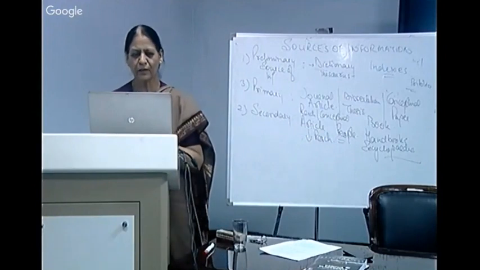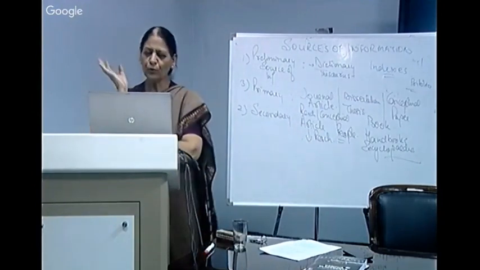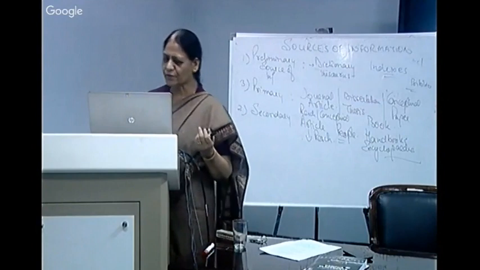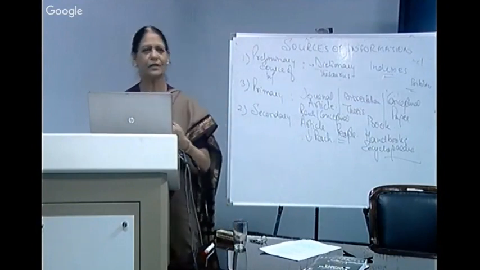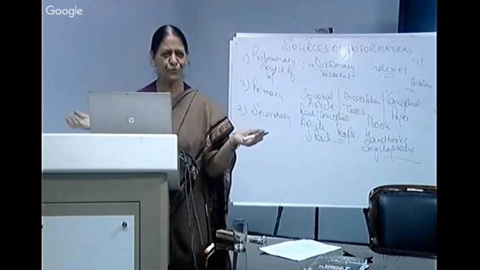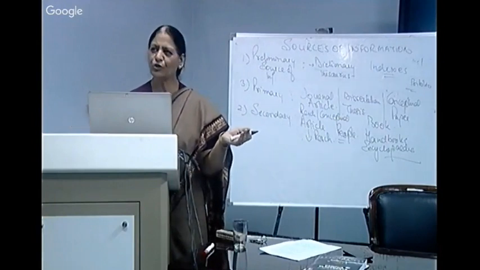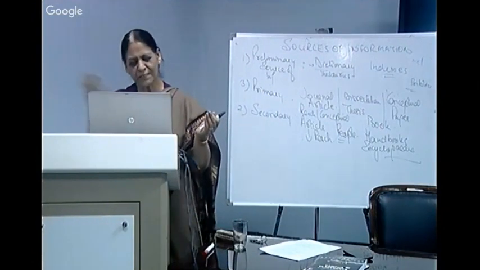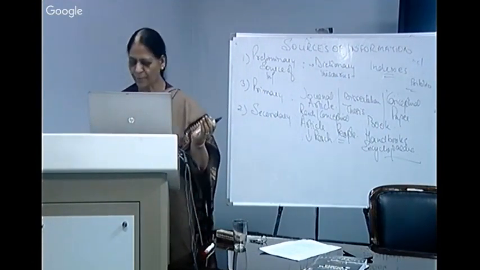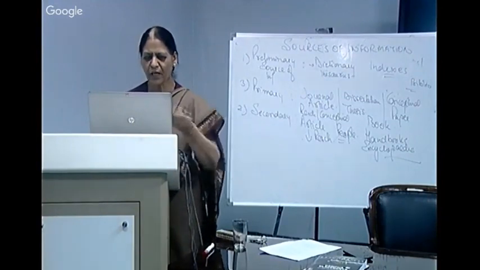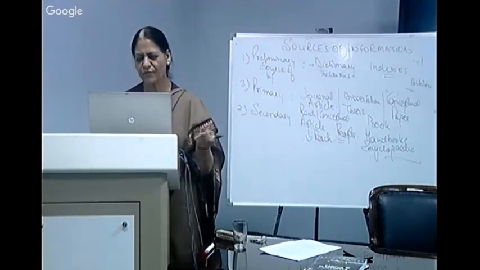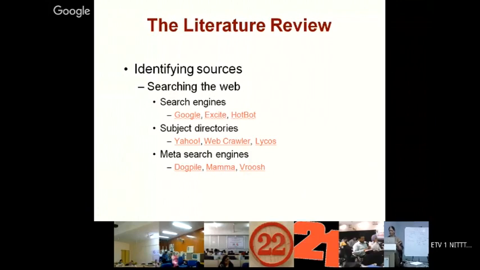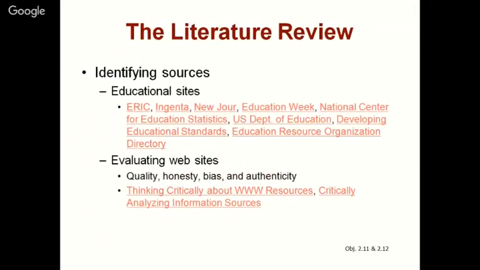Then here you can do identifying the sources. Today you have an abundance of sources of information. You have electronic databases which are available, and you can easily access those databases. And these are some which I have enlisted. The search engines: you have Google, Excite, Hotbot, Yahoo, WebCrawler, Dogpile, and so on.